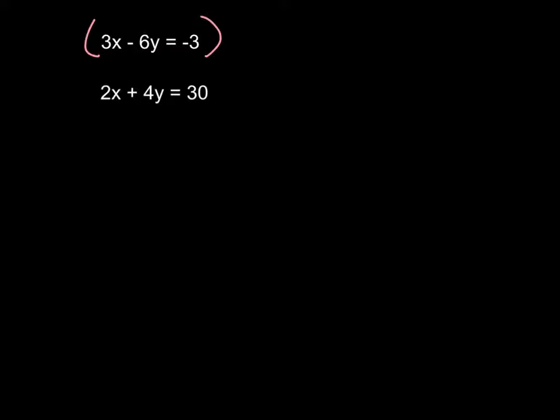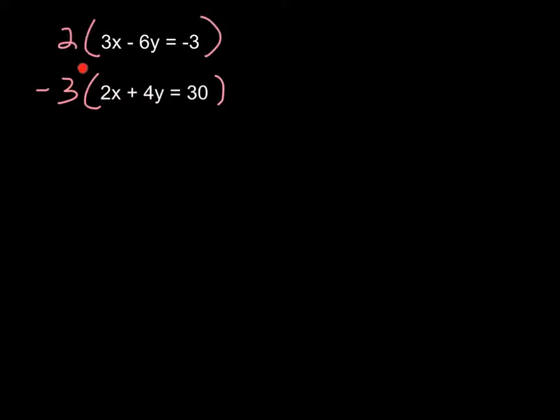So if I multiply this top equation by 2, right here, 2 times 3x, that'll give me positive 6. That means I want this bottom x value to be negative 6. So I'm going to have to multiply that by negative 3. Now, if you notice, really what I did, I took this value right there and I brought it down.